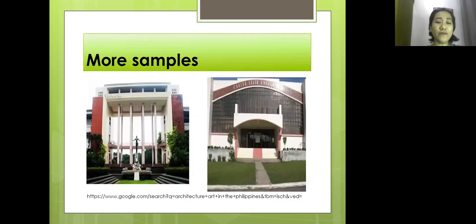Okay, samples of architecture. I have here two of my favorite architectures. Of course, not the Oblation, because that's monumental. That would be more on the sculpture element. But here I have the cave going to UP.